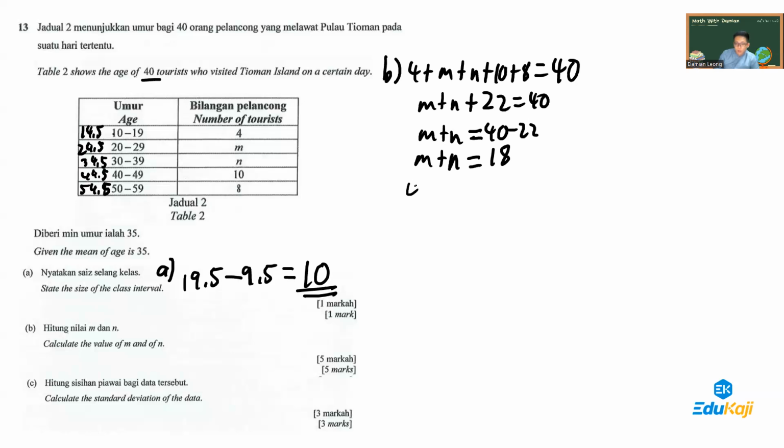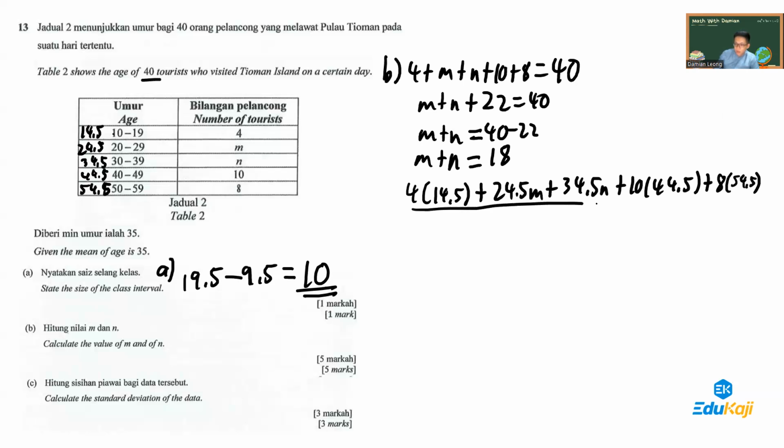So it's 4 times 14.5 plus 24.5 M plus 34.5 N plus 10 times 44.5 plus 8 times 54.5, divided by the total frequency, which is just 40, equals 35, which is the mean.